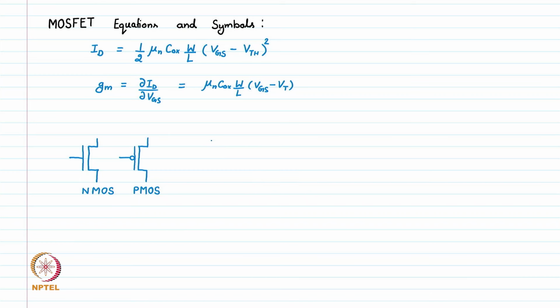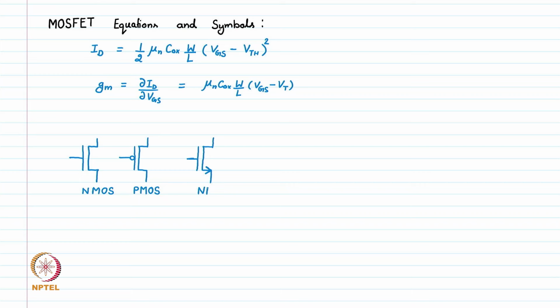For analog design, however, we use these symbols for NMOS and PMOS, though both are the same thing. For NMOS we denote the flow of current at the source junction.